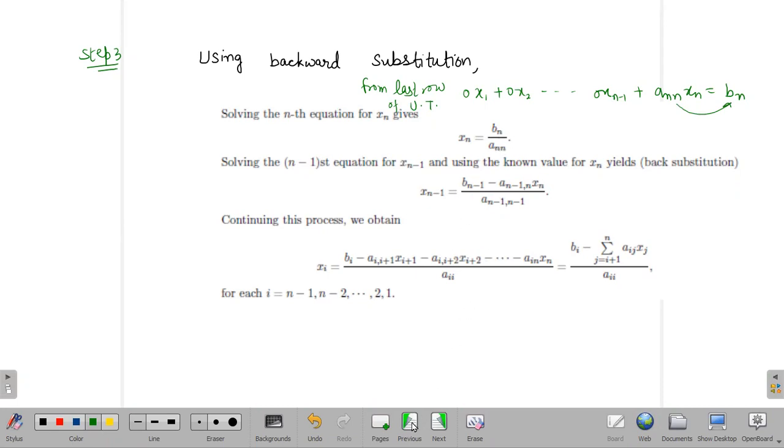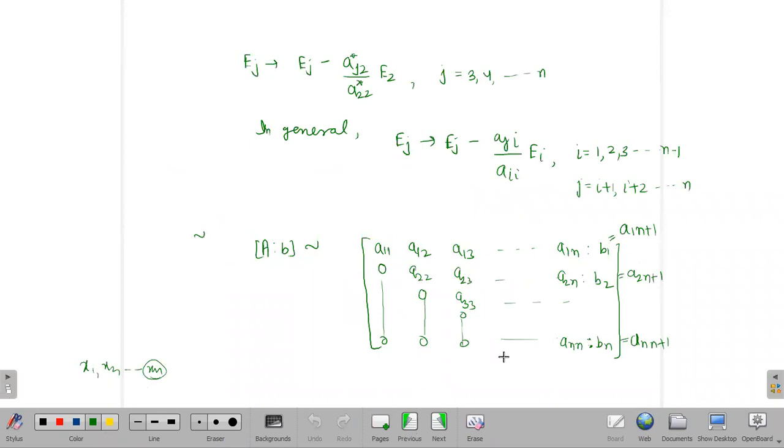Okay, so now again, if you want to find xn minus 1, what will be the last second row? If I write 0, 0, 0 here, this will be n minus 1, n, and this is n minus 1, n minus 1.